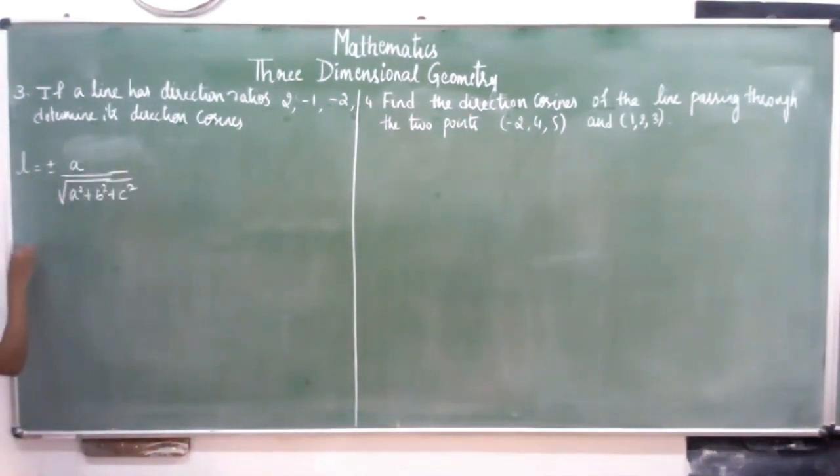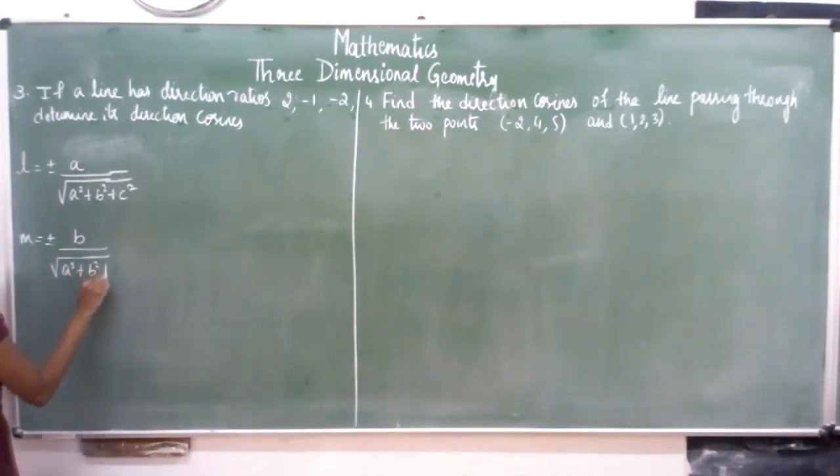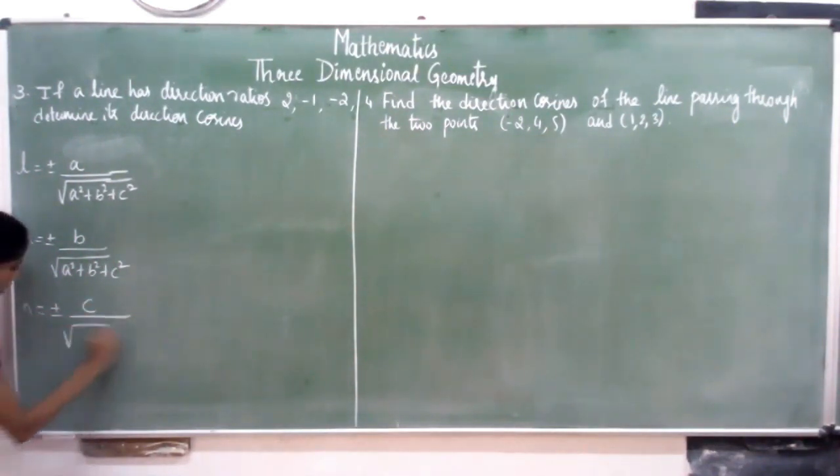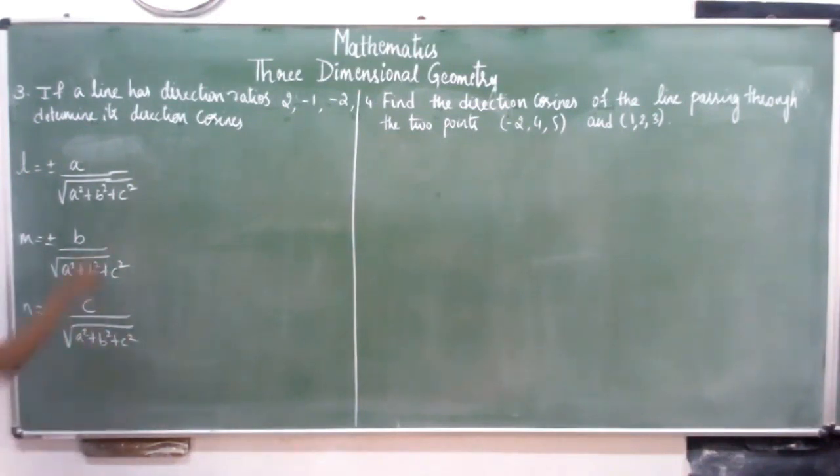Similarly, M is equal to plus or minus B divided by root of A square plus B square plus C square, and N is equal to plus or minus C divided by root of A square plus B square plus C square.